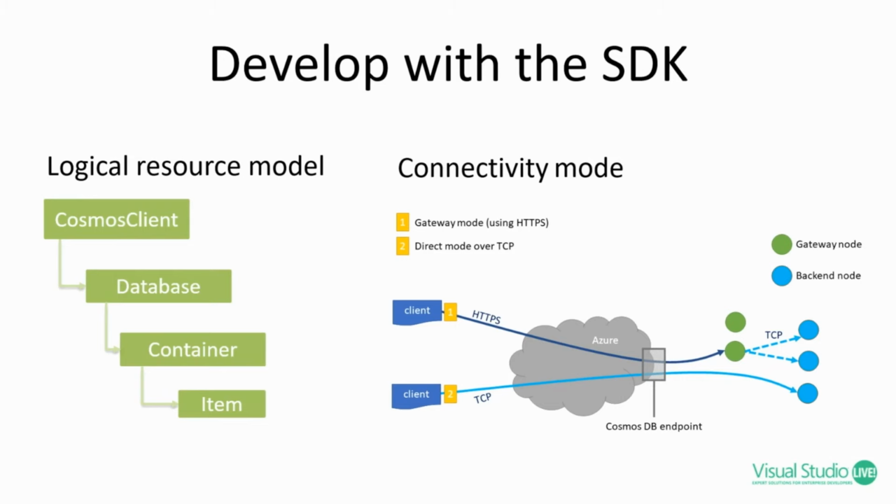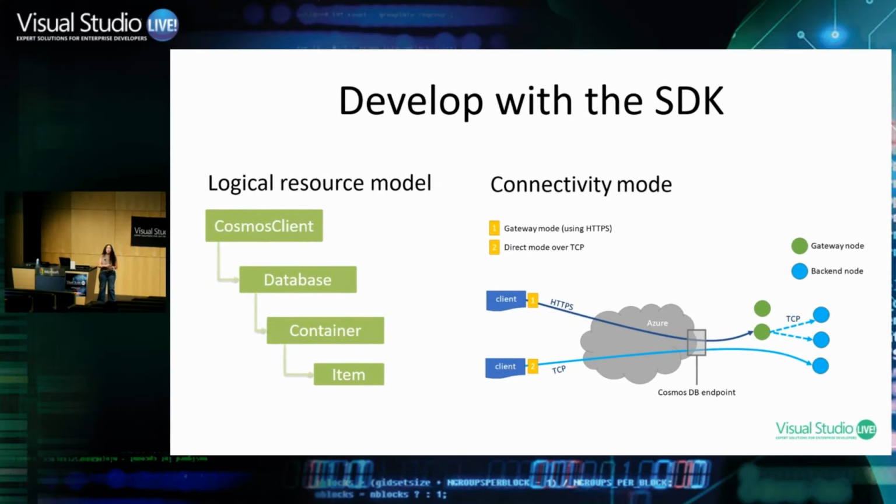So this is how we can guarantee super low latency, and there's no extra network hops here. But it does require opening a lot of connections. So if you have hundreds or thousands of partitions, each of them has 4 replicas, it's going to be opening a lot of connections onto your machine. So there are some scenarios where gateway mode may be a better choice for you, depending on your network environment and your setup. But these are the 2 options that we have.